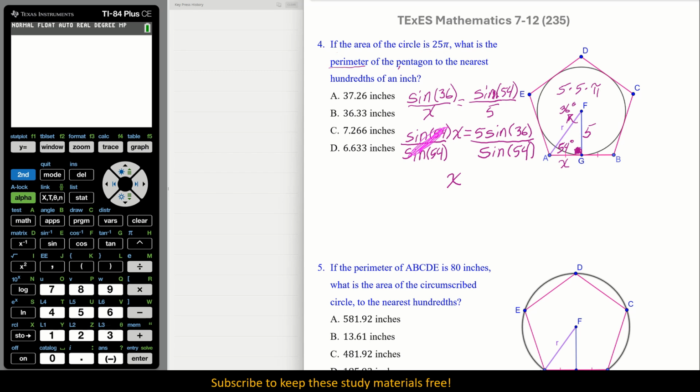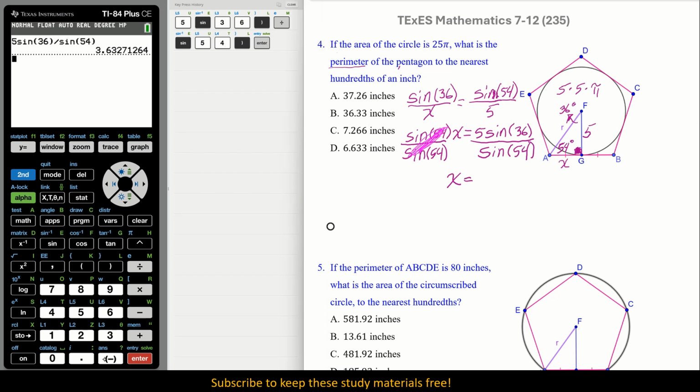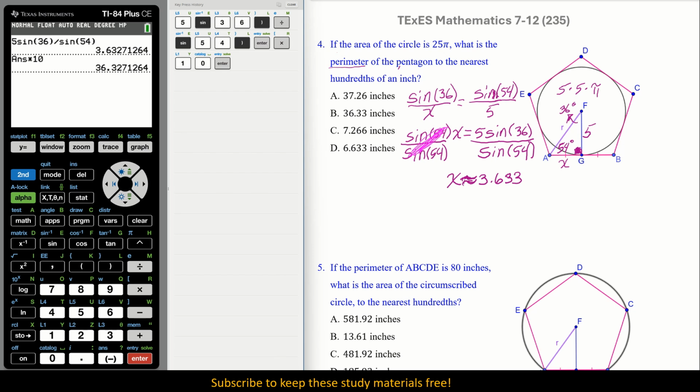Let's put that in the calculator, all right? 5 sine 36 divided by sine 54, enter, and that equals, well, let's do an approximate, not equal, 3.633, but we don't even really need to do any rounding. Take what you have in your calculator, multiply times 10. And that is option B.